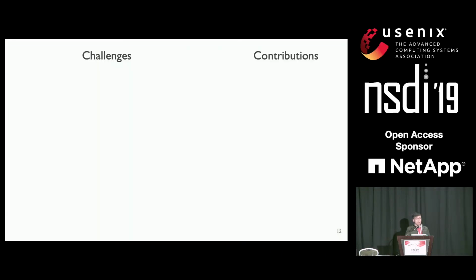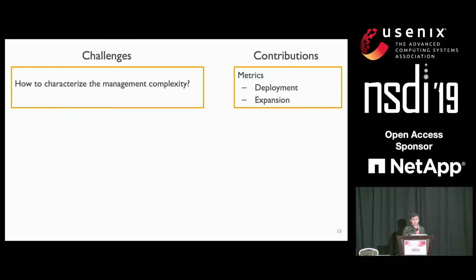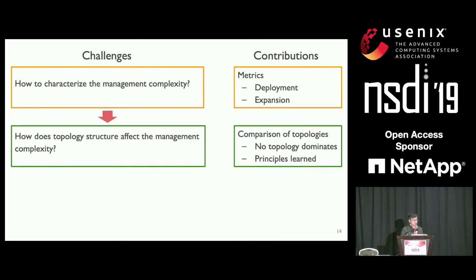To understand lifecycle management, there are several challenges to be solved. The first challenge is how to characterize the management complexity. To solve this, we propose several metrics to quantify the lifecycle management complexity by considering practical physical constraints. The second challenge is how topology structure affects the management complexity.